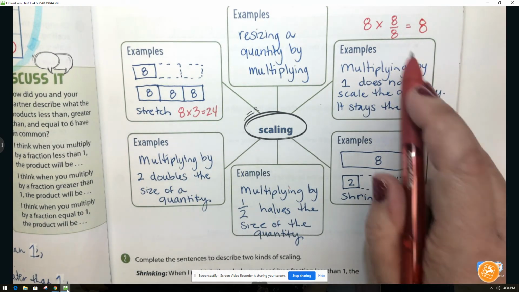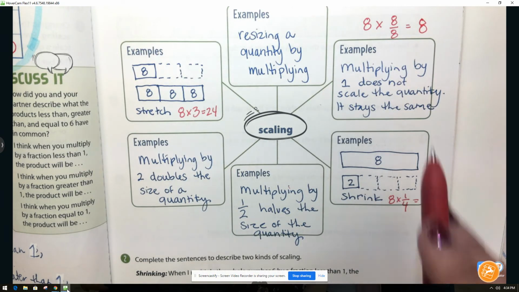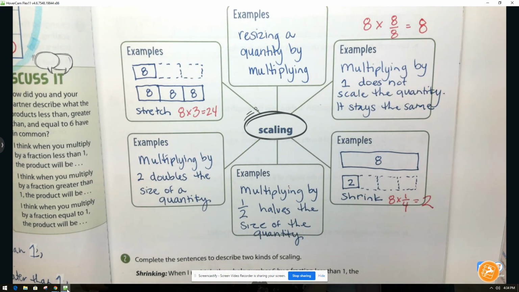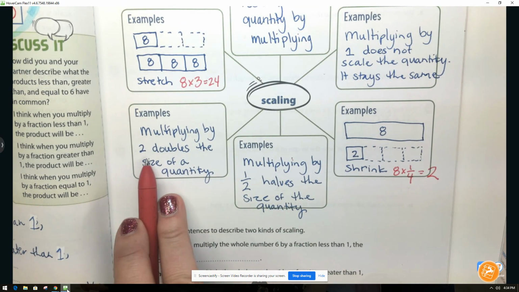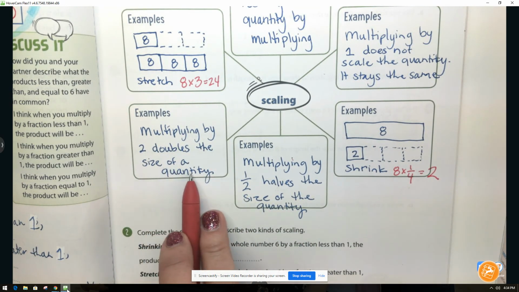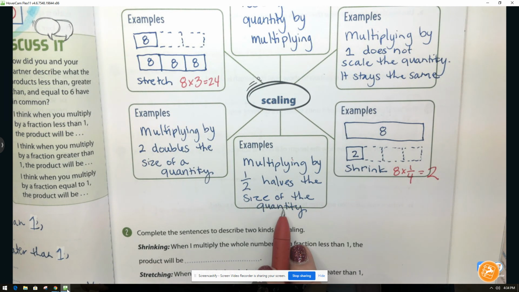It's equal because 8 eighths is the same as multiplying it by 1. All right, now we're going to go ahead and look at these other 2 examples. Multiplying by 2 doubles the size of a quantity. Multiplying by 1/2 halves the size of the quantity.